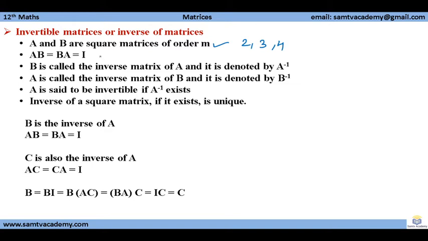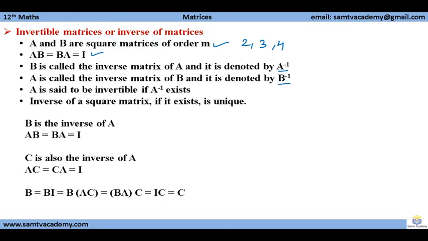For an invertible matrix, if AB equals BA, then that equals the identity matrix. If this is satisfied, then B is called the inverse of A and is denoted by A inverse, and A is called the inverse of matrix B and is denoted by B inverse.